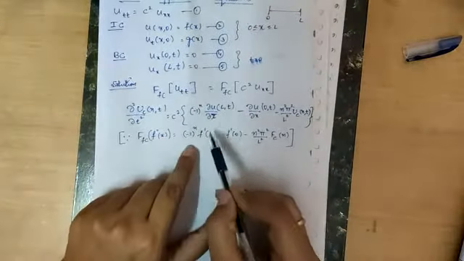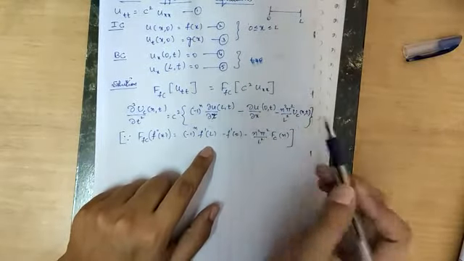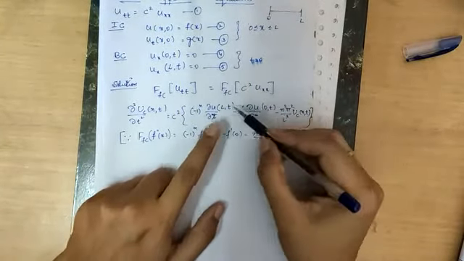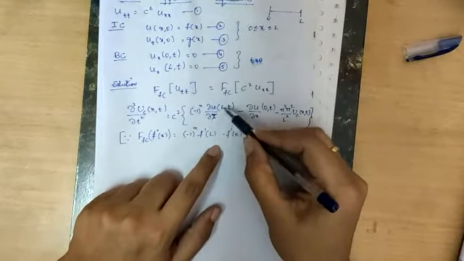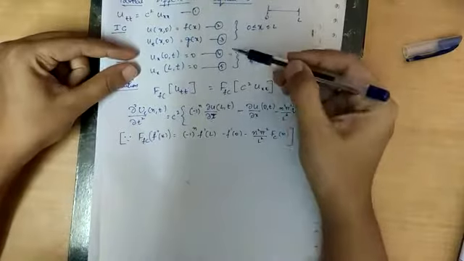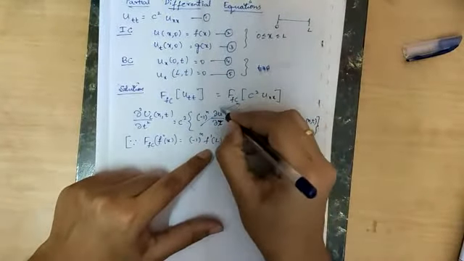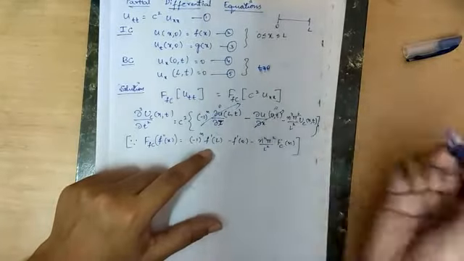F dash of L is nothing but ∂u/∂x at (L, t). F dash of 0 is the same with x equal to 0. So from your boundary conditions, that is equation 4 and equation 5, you can write directly that this tends to 0 and this is equal to 0.